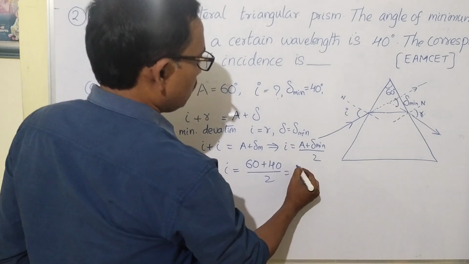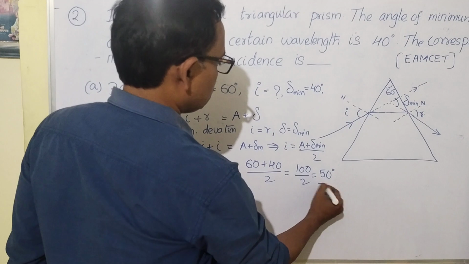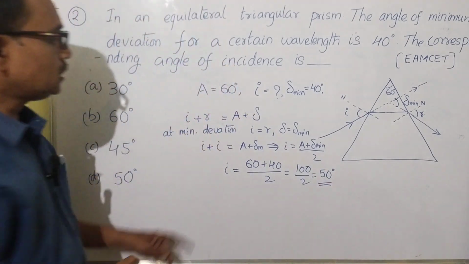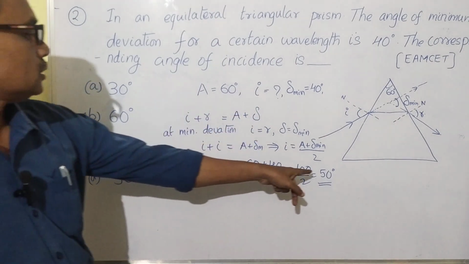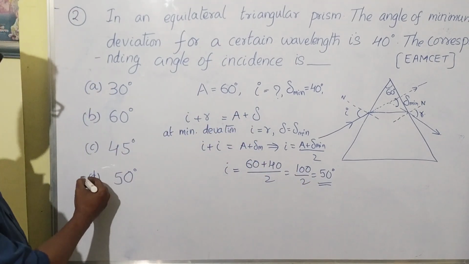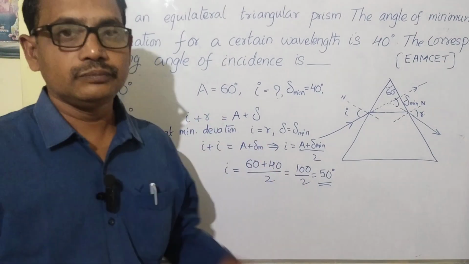That is equal to 100 by 2, which is equal to 50 degrees. So the angle of incidence asked in this problem is 50 degrees. That means option D is correct for this problem. Okay, thank you.